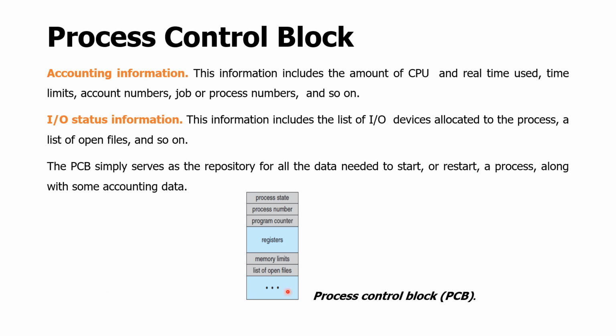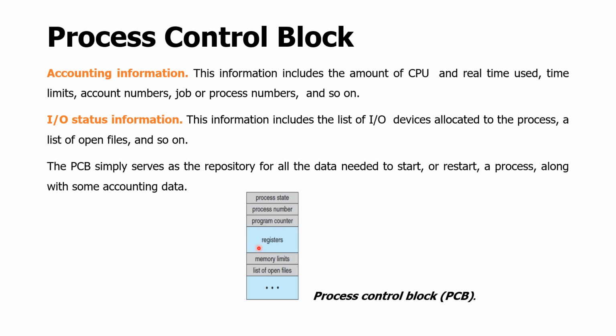This is the structure of the process control block. Here you can see the process state. The state can be running, ready, whatever it is. Next, the process number. Each and every process is identified by a process number, a unique integer which identifies every process. Next is the program counter, which holds the address of the next instruction to be executed by the processor.